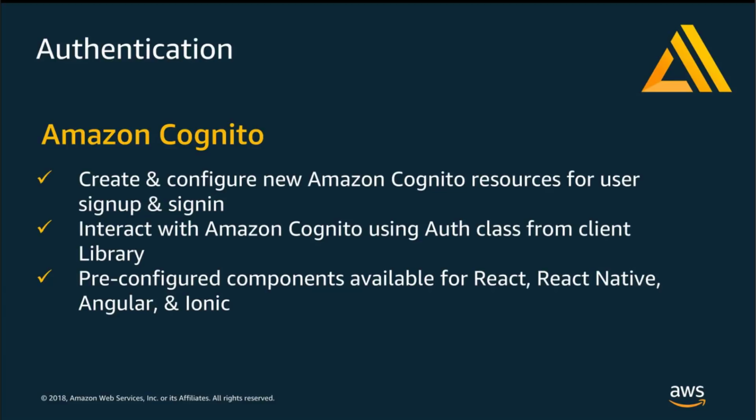So if you've ever used a service like Google Authenticator, where you'd like to do a more sophisticated user authentication scenario, you can do that. You can also interact with all these different Cognito services using the AWS Amplify JavaScript library. So you can create the resource and then interact with it from your application.